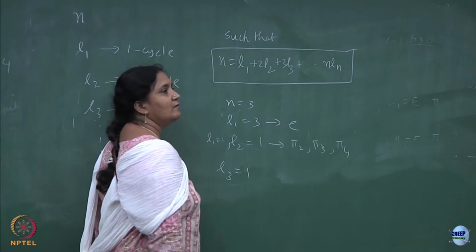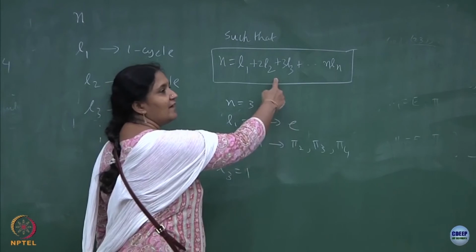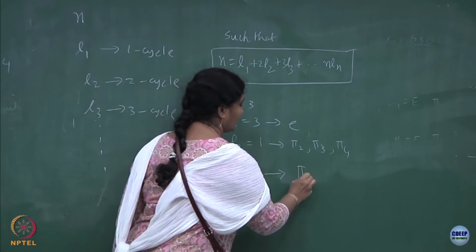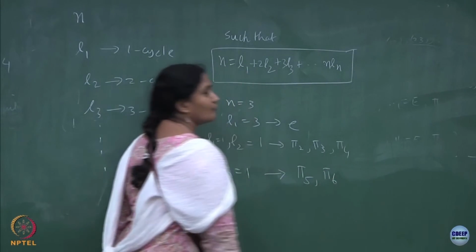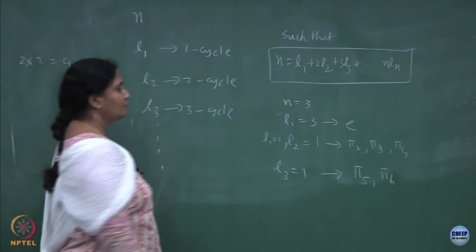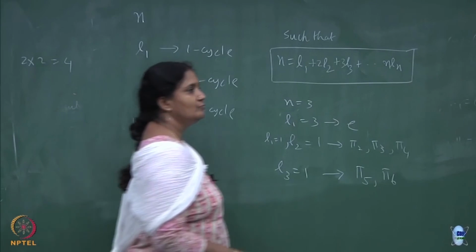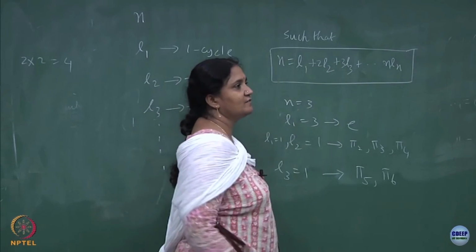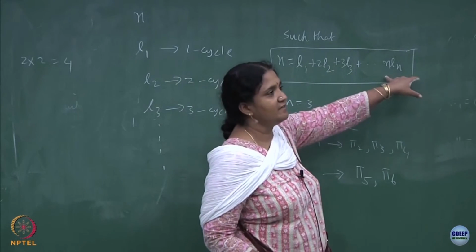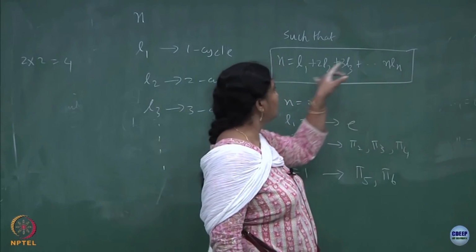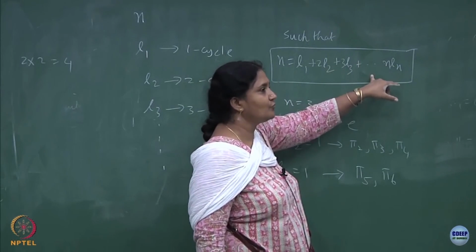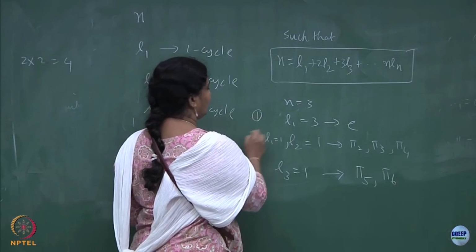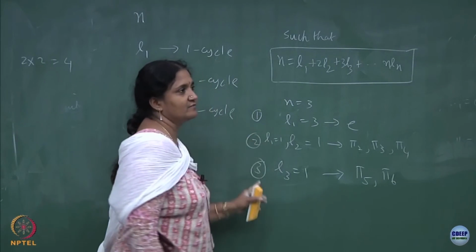L3 is 1, satisfies this condition. So, I have basically broken them into divisions of integers satisfying this condition. Then how many such divisions are possible will tell you how many classes there are. So, you have class 1, class 2 and no other possibility here.